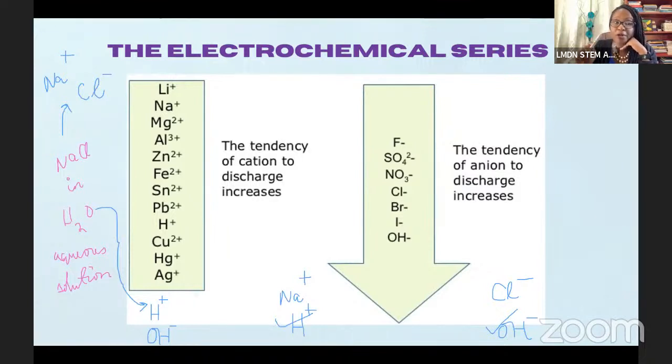But while we're here, I want you guys to know that there are particular cases where other factors determine which cation wins. It's not just about the position in the electrochemical series. There's also the concentration of the specific species in the solution.